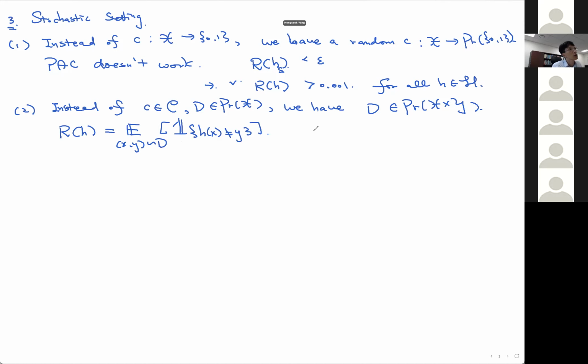That's the risk. For the empirical risk, now the sample includes input and output. The sample is a sequence of input-output pairs.